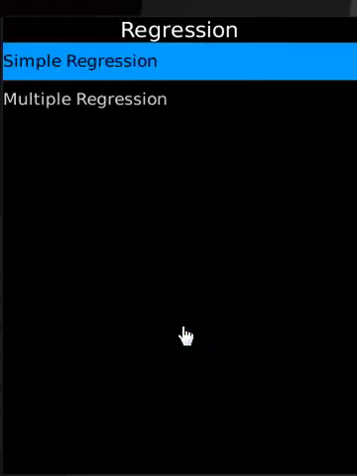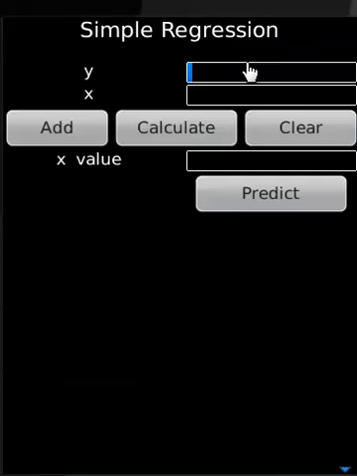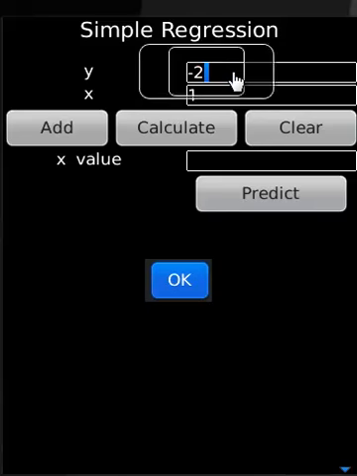Here the application covers simple regression and multiple regression. Let's take a look at the simple regression first. We keep on entering y and x values, so we added one pair, so another is this, so second pair, you need a third one.